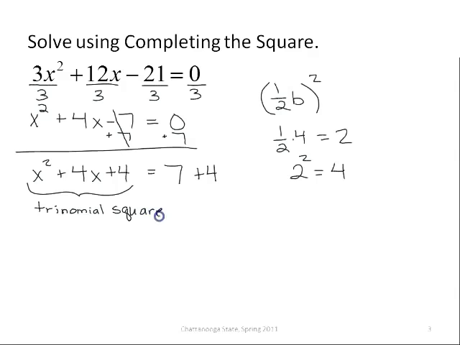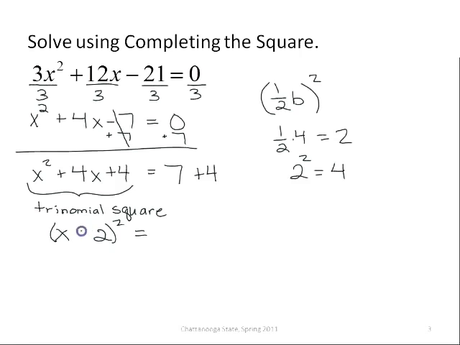That means it will factor into a binomial squared. Well, the way you factor this is the x squared gives you an x in the first position. The 4 gives you a 2 in the second position. And then in the middle you'll have whatever this sign is.